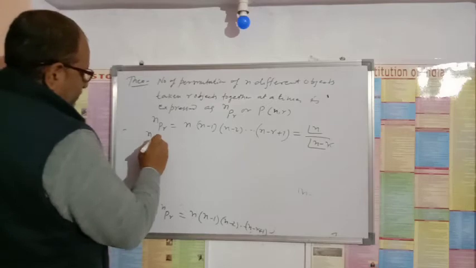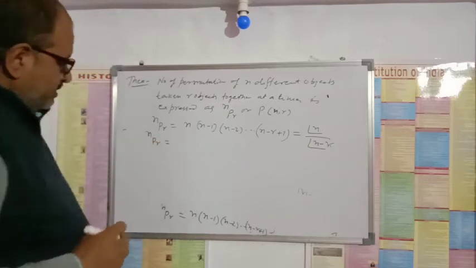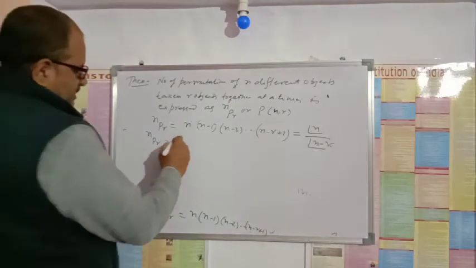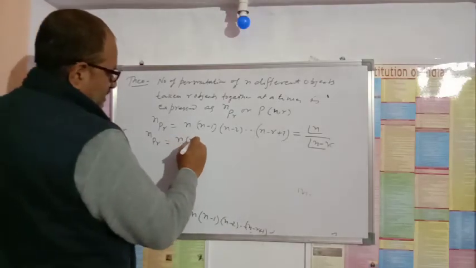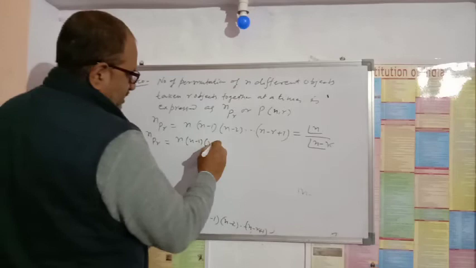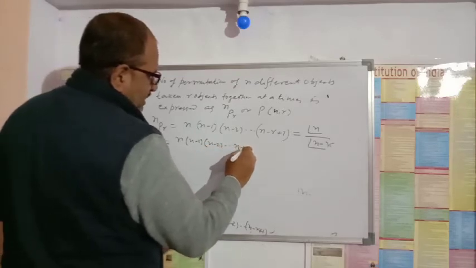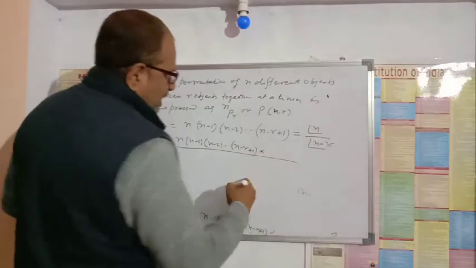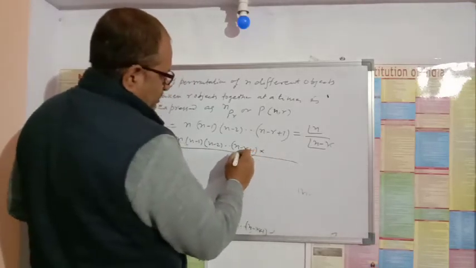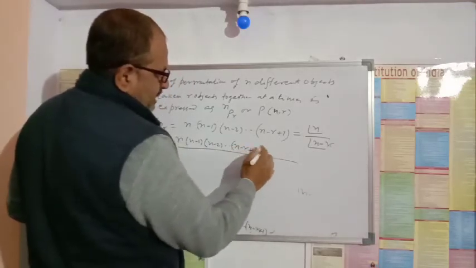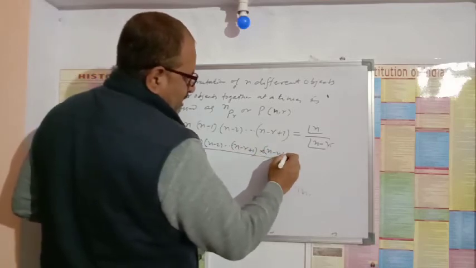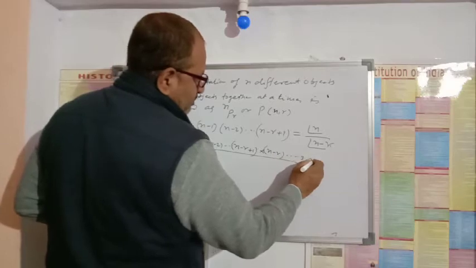So nPr is equal to n, n minus 1, n minus 2, up to n minus r plus 1. Multiply it by what is 1 less than n minus r plus 1? n minus r, n minus r minus 1, up to 3, 2, 1.